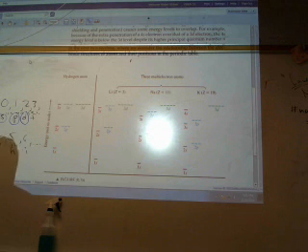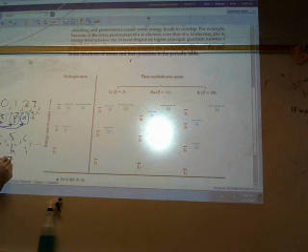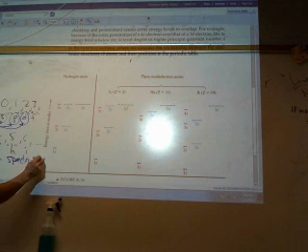And so what's going on with those? The origin of these letters is from spectroscopy. So what happens when you get to S?